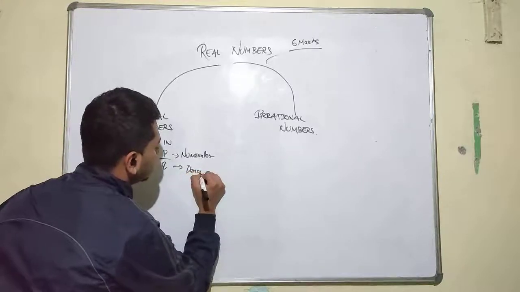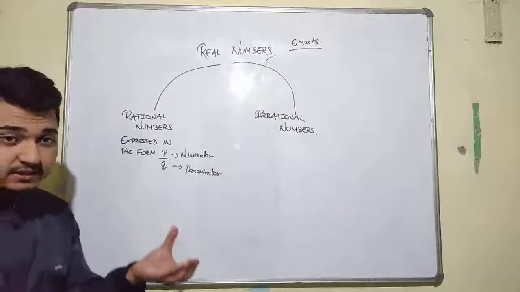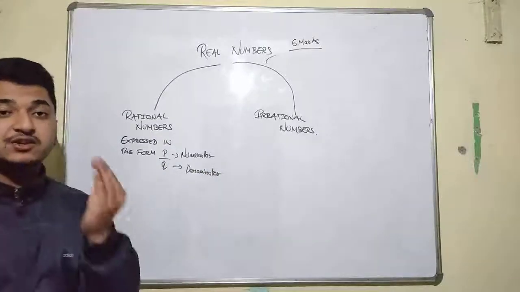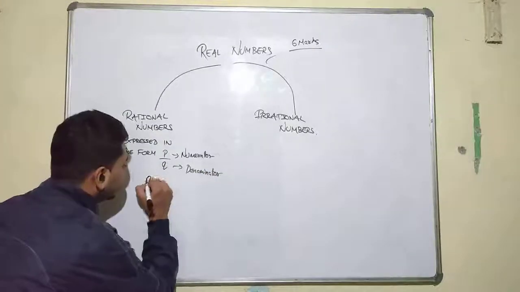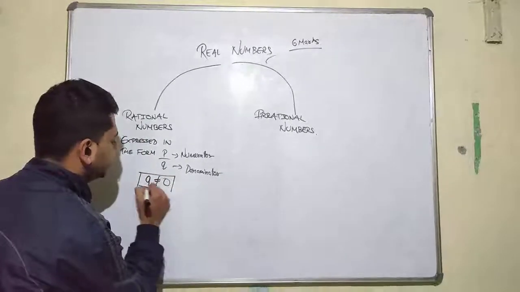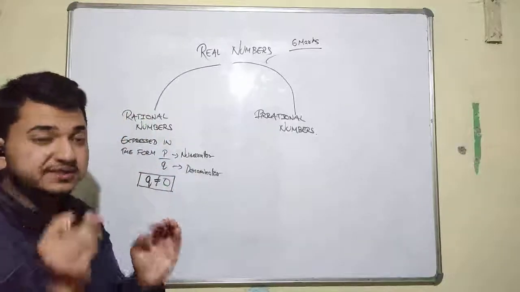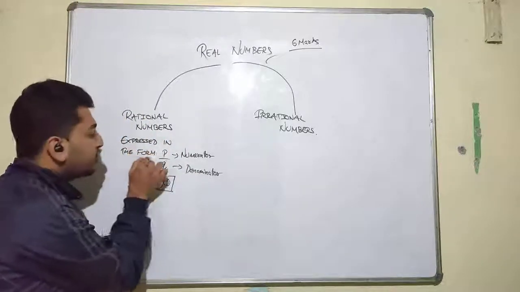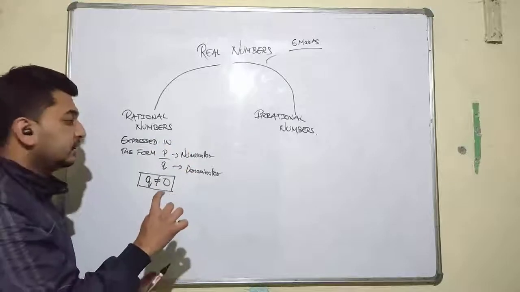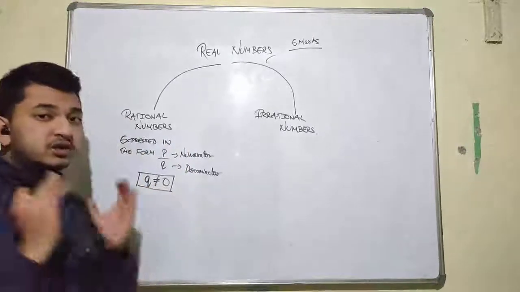Okay, so for this you have one condition that you should apply, that is Q should not be equals to 0. Rational numbers are the numbers which can be expressed in the form of P by Q, and Q should not be equals to 0.